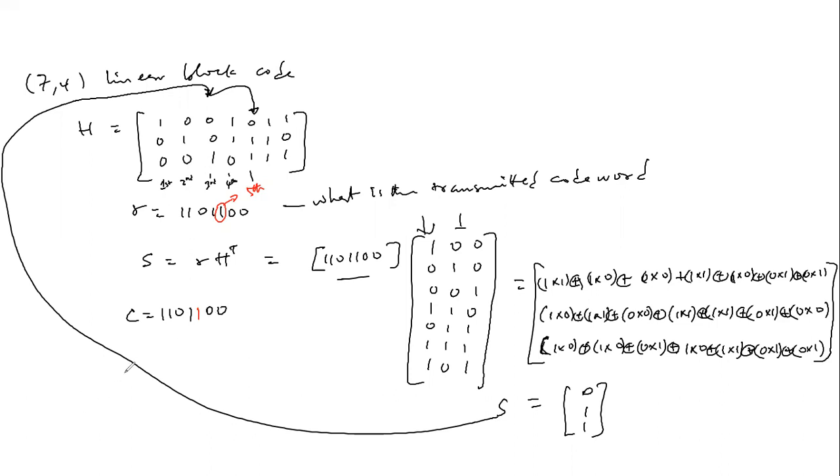Now to confirm, we could multiply with this parity matrix, such that we have 1, 1, 0, 1, 1, 0, 0 times the transpose, which is 1, 0, 0, 1, 0, 1, 1, 0, 1, 0, 1, 1, 1, 0, 0, 0, 1, 0, 1, 1, 1, and the resultant will be 0, 0, 0.